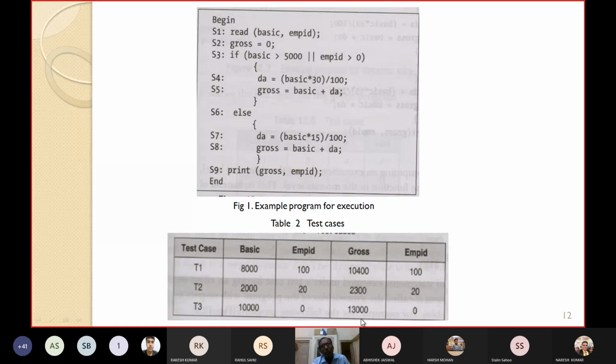So now we have seen that due to this statement S3, T3 is giving a result which is wrong. So there is a need to modify statement S3. What can we modify? We can replace this OR with AND. That means if basic pay is greater than 5,000 and employee ID is greater than 0, then you compute the gross pay.